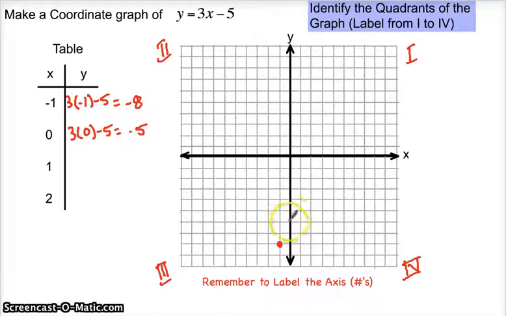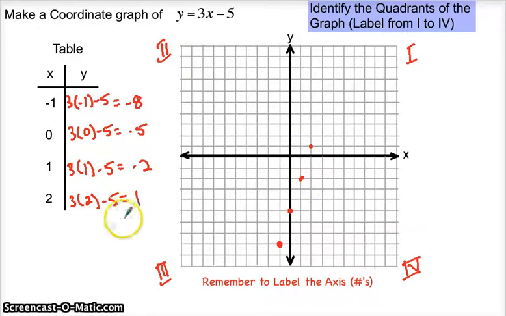So at 0, we're down at negative 5. For 1, we're at negative 2. And at 2, we're up at positive 1, up in quadrant 1.